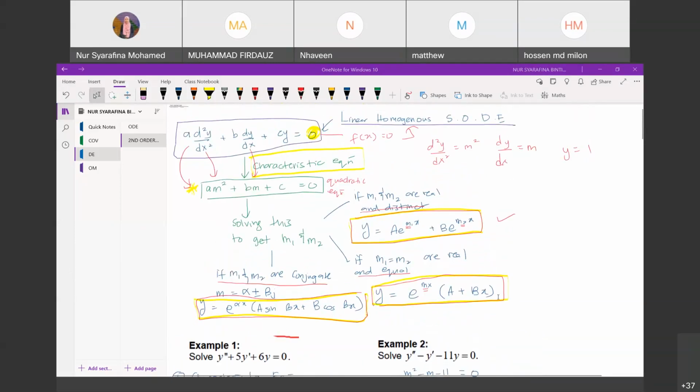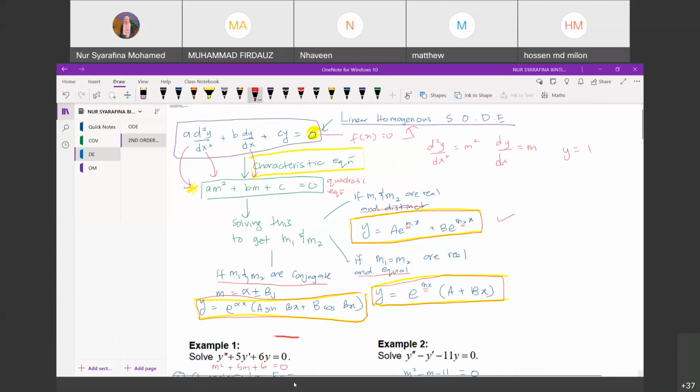So now let's take a look at this. First, you have the differential equation y double prime plus 5y prime plus 6y equals 0. First step, you need to convert to the characteristic equation, which will give you what? m squared plus 5m plus 6 equals 0.